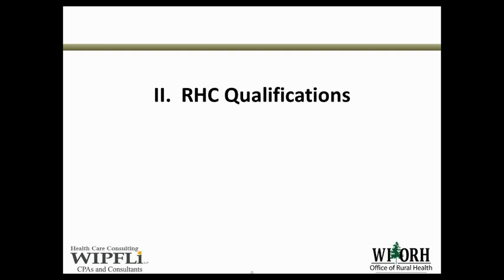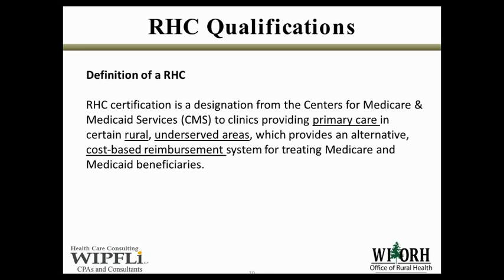All right, in our next segment, we're going to talk a little bit about the requirements or the qualifications for a rural health clinic. And if we revisit that definition of a rural health clinic, again, the certification, it's a voluntary designation that certain clinics who qualify can apply for and receive.